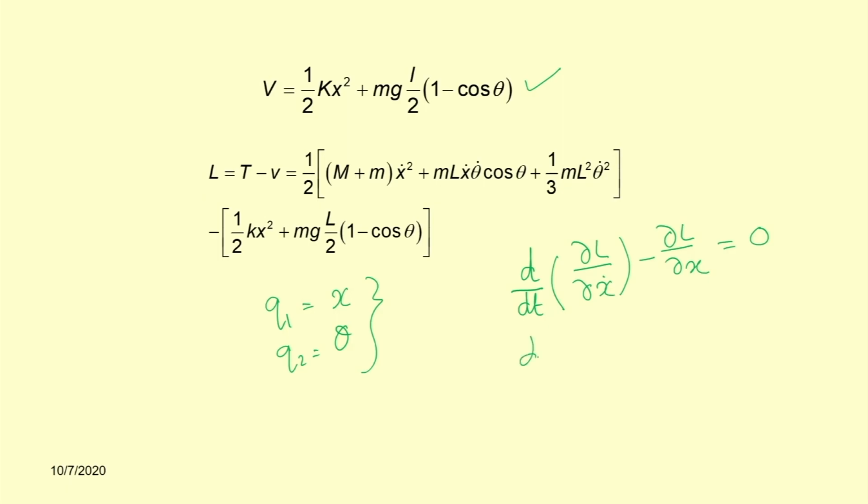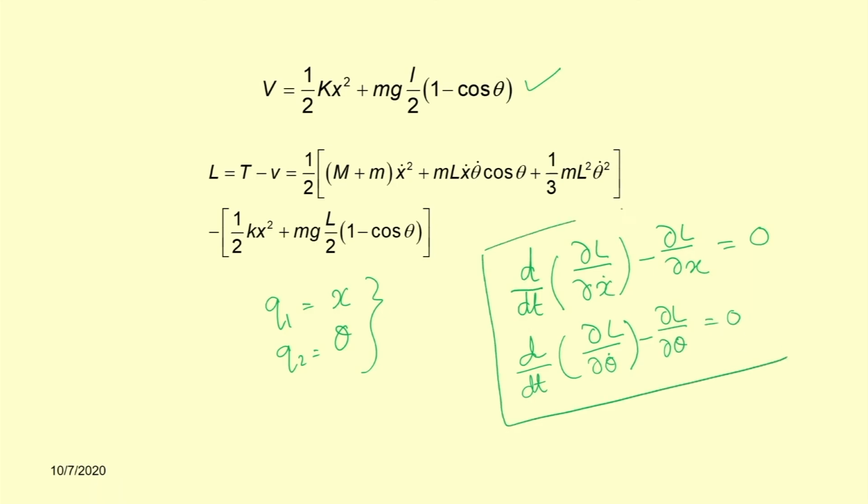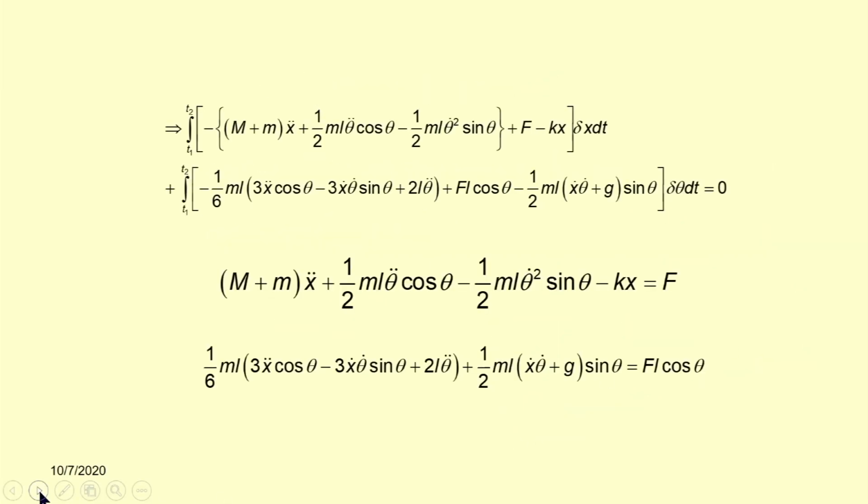Similarly, your second equation will be d by dt of del L by del theta dot minus del L by del theta, equal to 0. By using these two formulas, you can derive the equation of motion. This way you can use the Lagrange principle to derive the equation of motion.